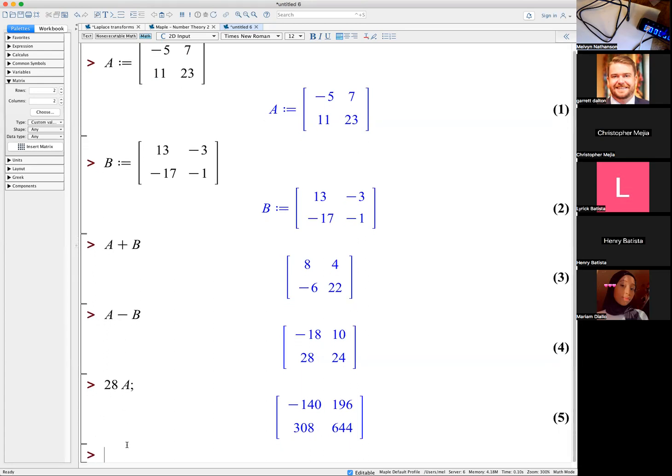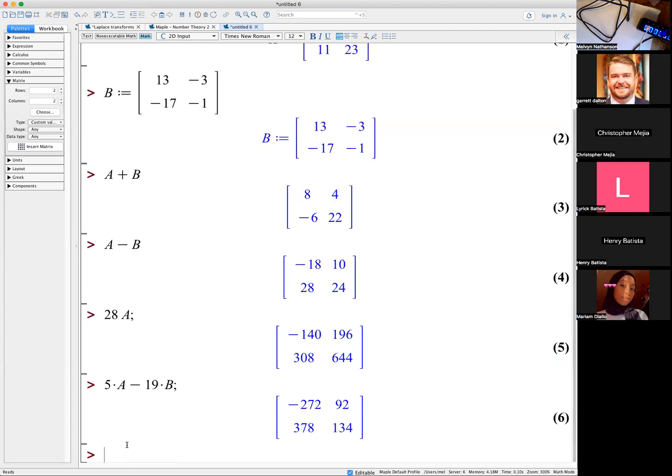Suppose I wanted to do 5 times A minus 19 times B. Seems to work. How do I multiply A times B? So if you put a dot, it shouldn't work.